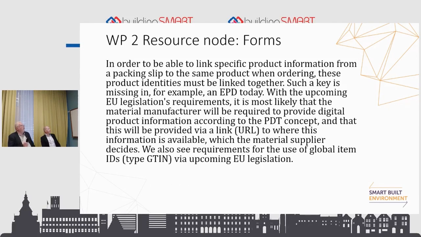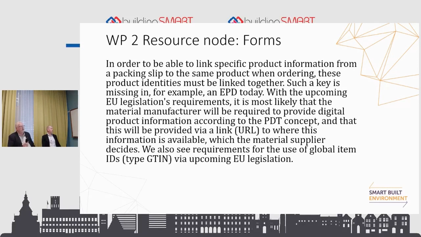Yeah, work package 2 or resource node forms in order to be able to link specific product information from a packing slip to the same product when ordering these products. That must be linked together. And such a key is missing, for example, in EPD today. When we get the delivery product to a site, for example, we have it very hard to get that back to the information.